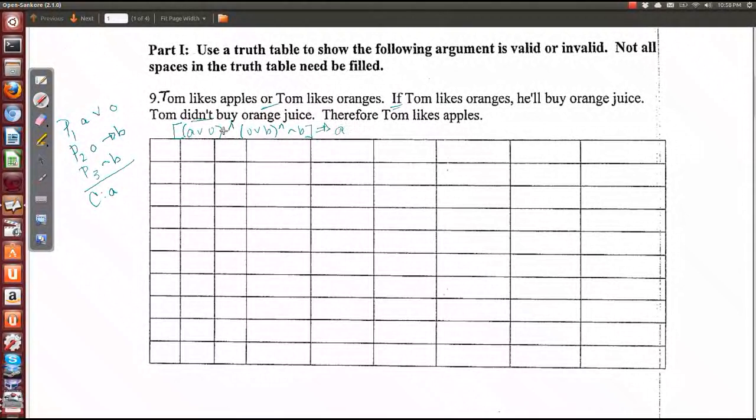So we have to write this as an implication, but an implication itself is a relationship that's only valid if the resulting conditional is a tautology. So I need to rewrite this as a conditional.